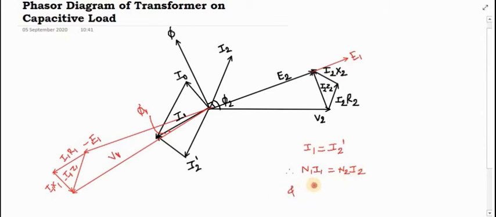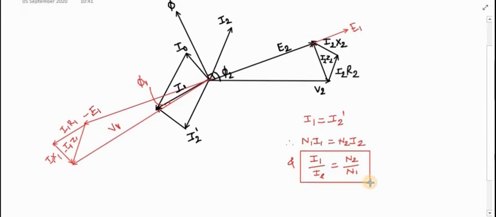And hence I can write I1 upon I2 equals N2 upon N1. It means the primary and secondary currents are inversely proportional to their respective turns or respective winding voltages.